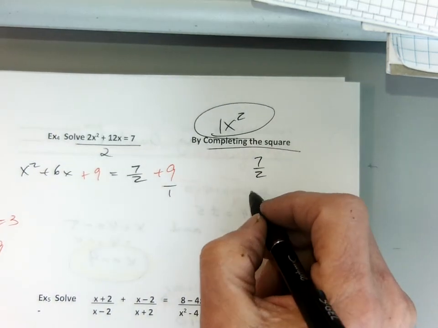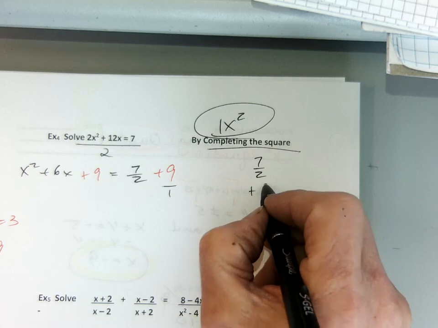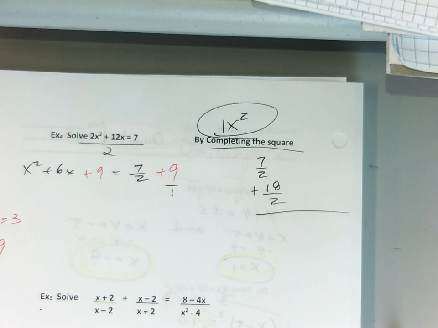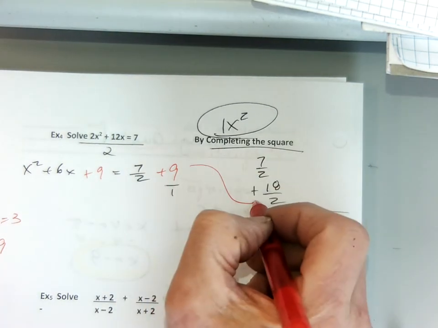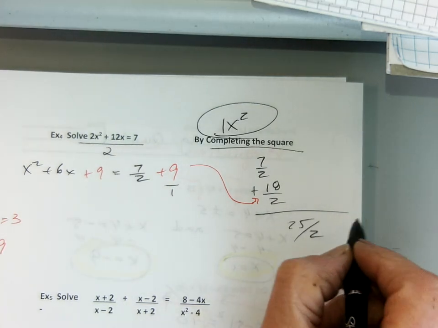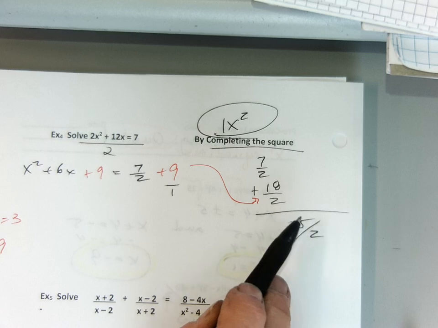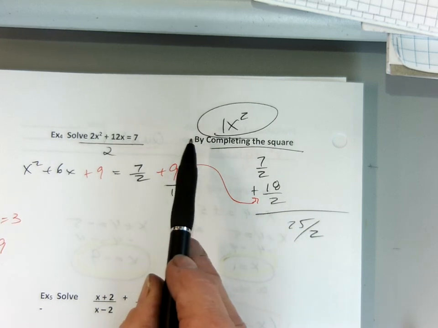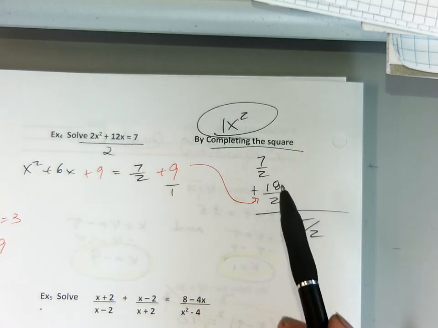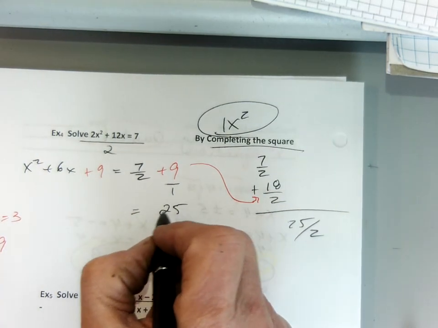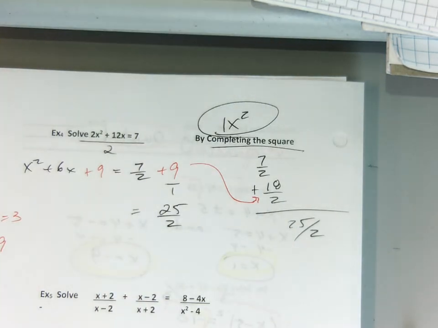I think there's a good number in here, maybe. Because I like that number right there. Ooh, that's a good number. So I really actually added 7 halves and 9. 7 halves plus 9. I made the 9 18 halves, right? When I added, I got 25 halves. I like that because if this is equal to 25 over 2, when I take a square root, I can take the square root of 25, right?